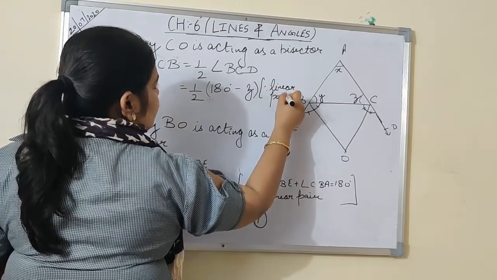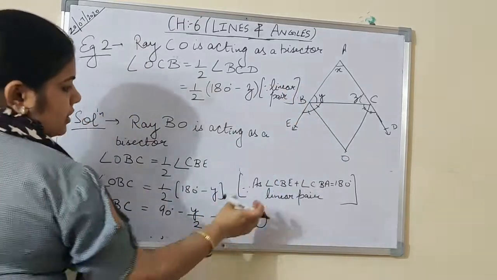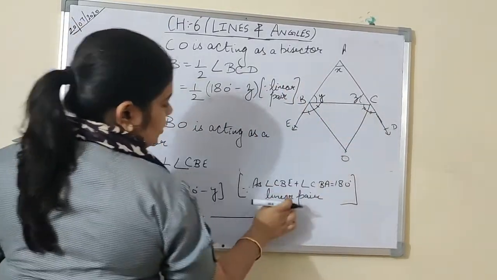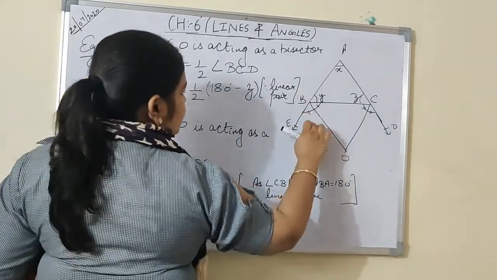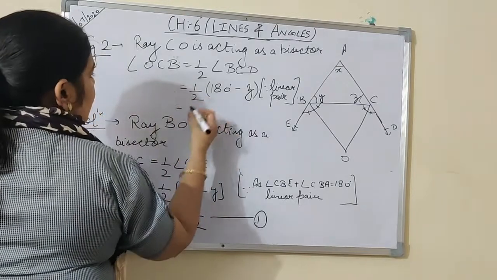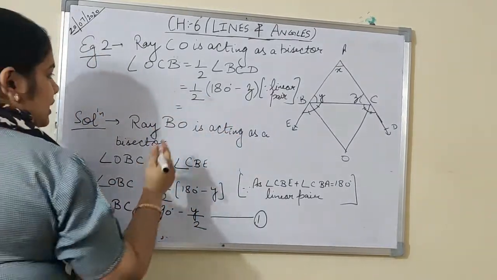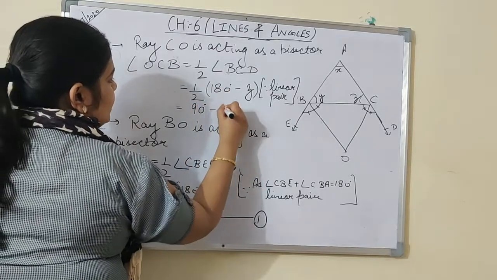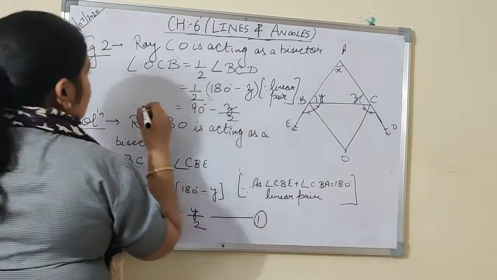Here I am directly writing because I have explained the concept of this here only; the concept of this equation and that equation are the same. So if we multiply half with 180 and half with Z, we get 90 minus Z by 2.